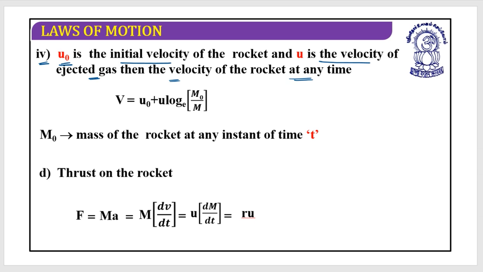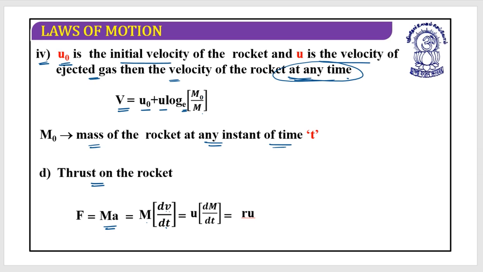Then the velocity of the rocket at any time t is v equals u naught plus u log m naught by m to the base e, where m is the mass of the rocket at any instant of time t. Lastly, the thrust on the rocket can be calculated as F equals ma.